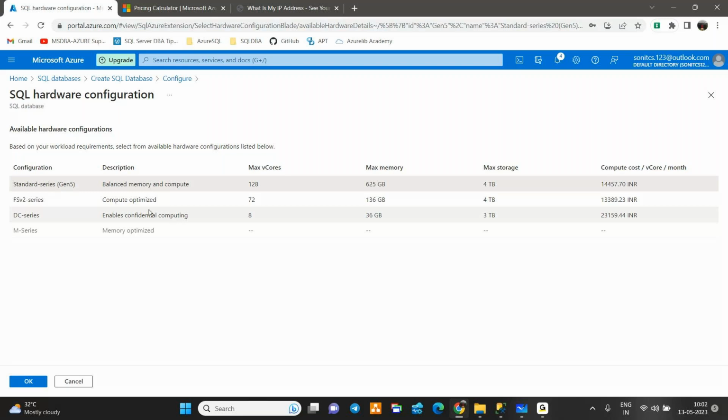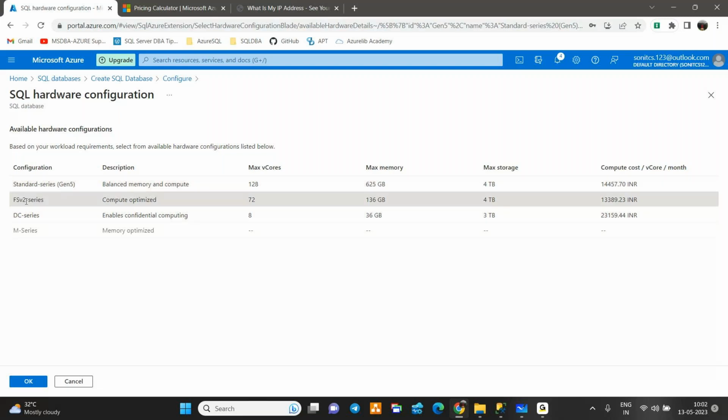When we were discussing VM sizes, I told you, right? You need to choose the series your application team is expecting, and choose that storage and that many resources.